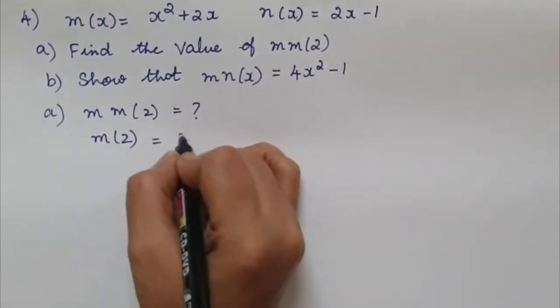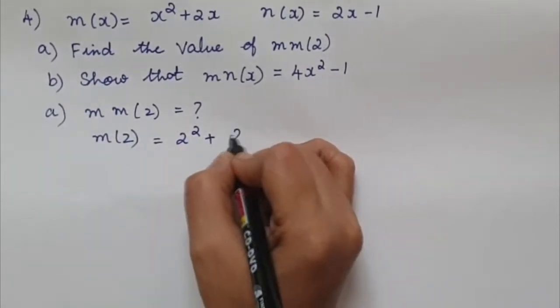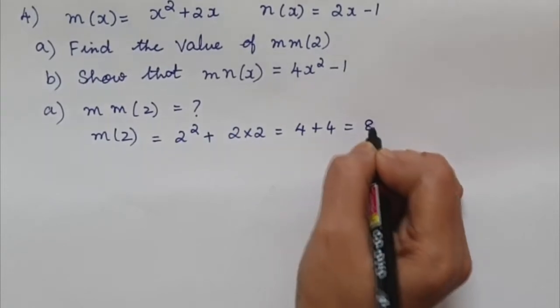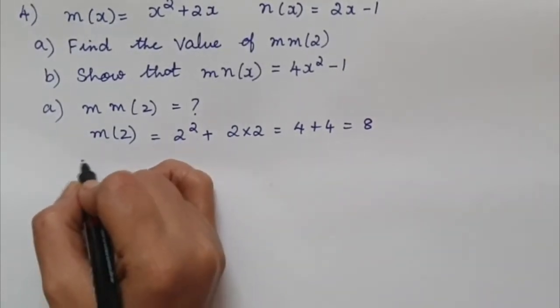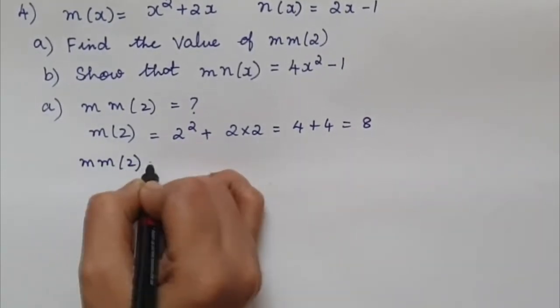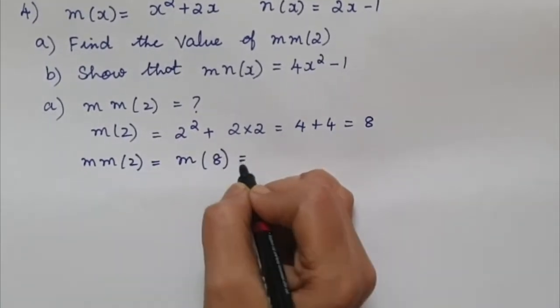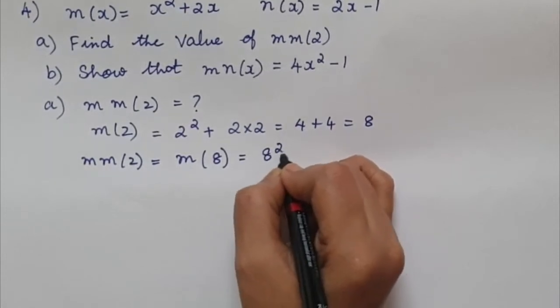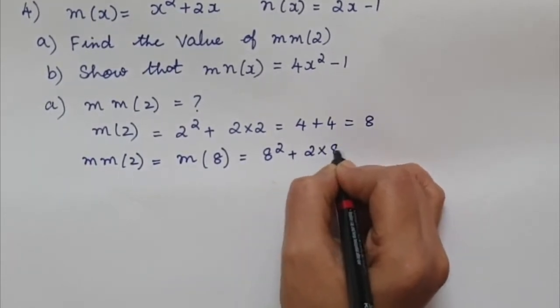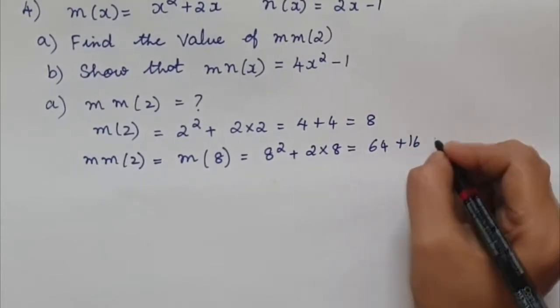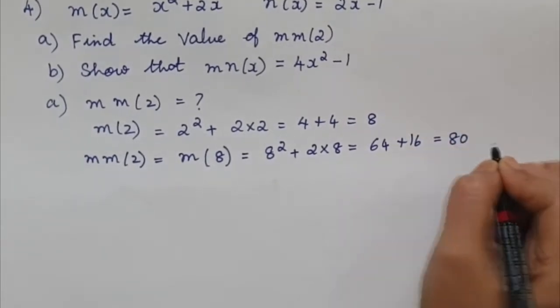M of 2 will be equal to 2 squared plus 2 into 2. That is 4 plus 4, so it will give us 8. Now m of 2 we have found out is 8. So now replace it back over here. 8 squared plus 2 into 8, 64 plus 16. That will give us 80.